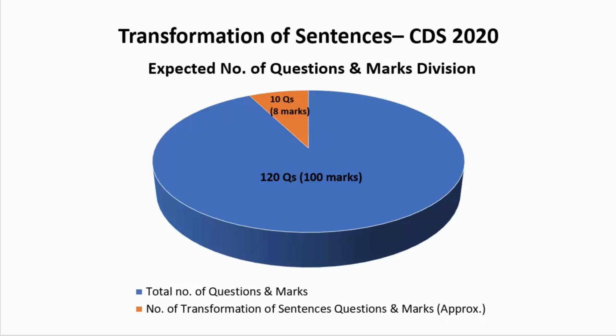It can be unbelievable for you, but it is not difficult to achieve if you have a very clear cut idea. And that is why I have conducted this session, so that you have a clear cut idea on the different marking system, on the different number of questions you can expect from each and every section, each and every topic that makes up this vast syllabus of the CDS English paper.